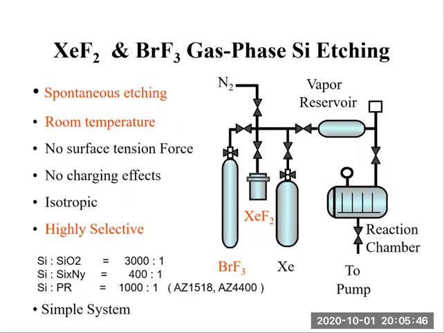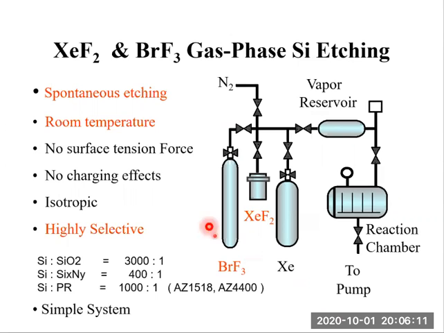Next, let me introduce another kind of dry etching, namely non-plasma based dry etching. Sputtering, RIE, and plasma etching are all based on plasma, so they belong to the category of plasma based dry etching.